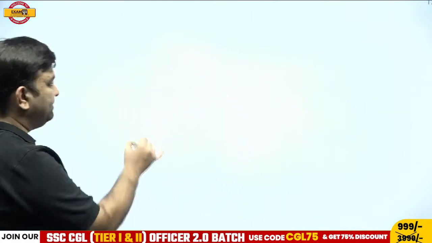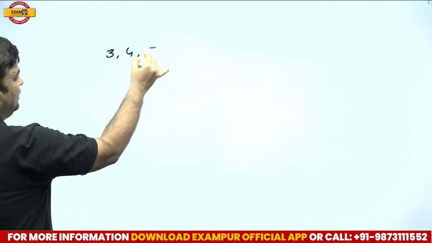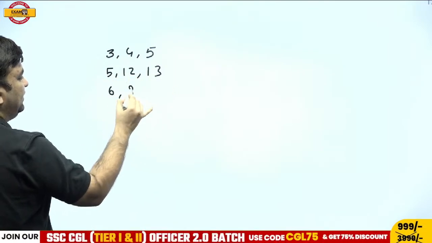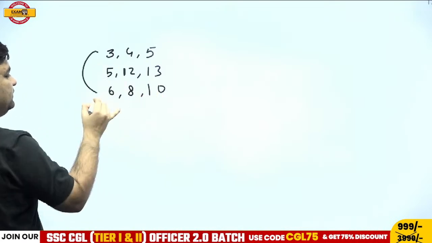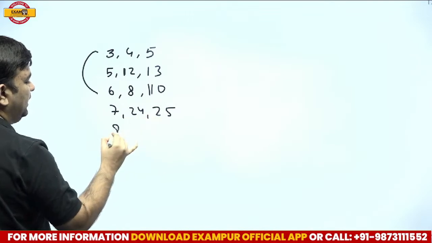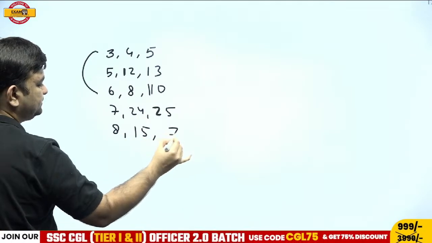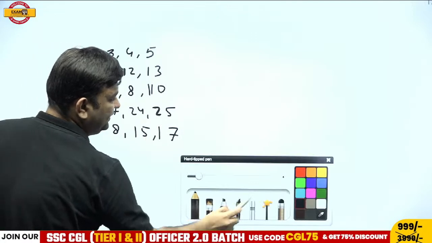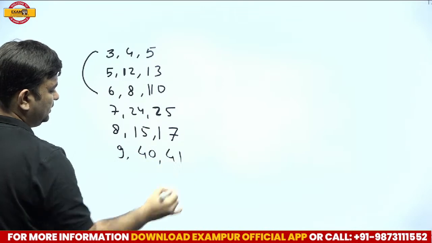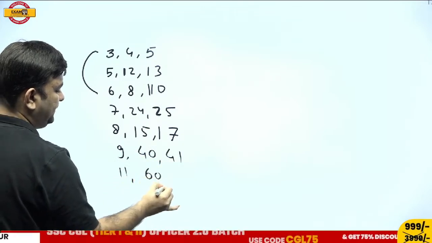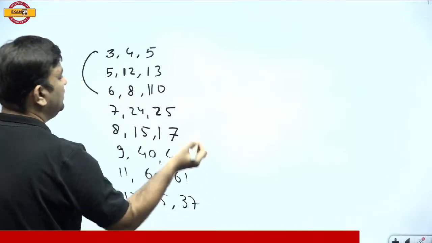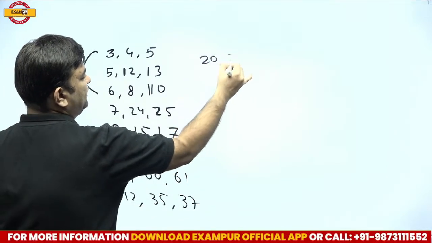They begin from 3, 4, 5. Then 5, 12, 13. Then 6, 8, 10, double of this. 7, 24, 25. 8, 15, 17. 9, 40, 41. 11, 60, 61. 12, 35, 37. 20, 21, 29.